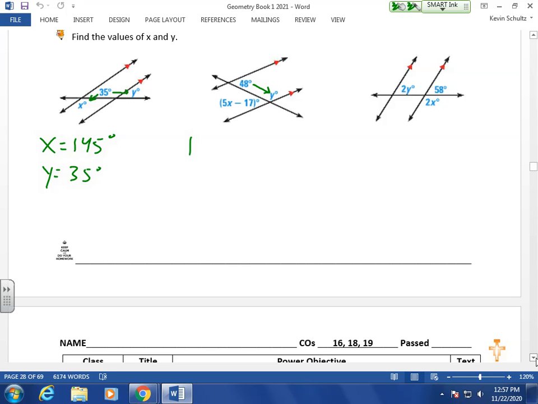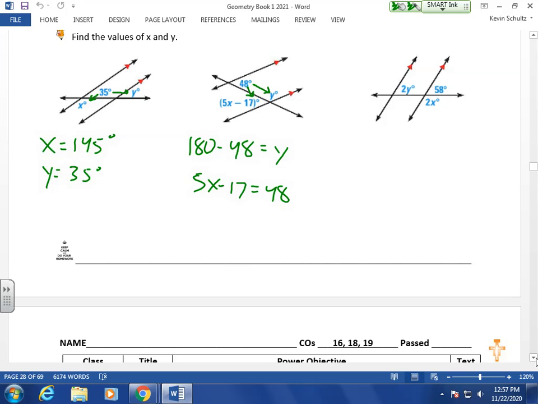So we could say that 180 minus 48 equals Y. You can solve it from there. And then recognizing that 48 and our angle involving X, their positions, alternate interior, meaning they're congruent, we've got the equation 5x minus 17 equals 48. You can solve for X from there. Okay, two-step equation to solve.